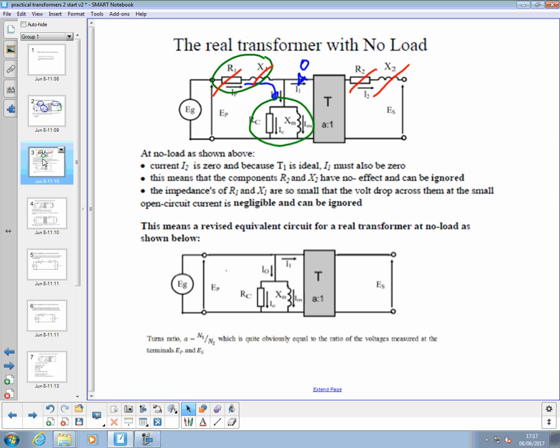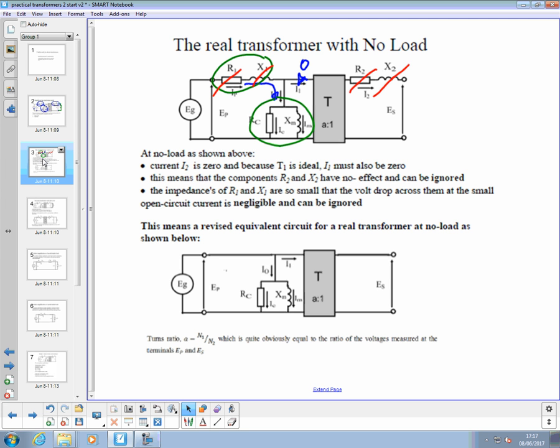Therefore, to analyse what this circuit will do under no load conditions, we can revise that circuit to simply the two components representing the magnetising current and the heat in the coil that we looked at in the first place. Okay?